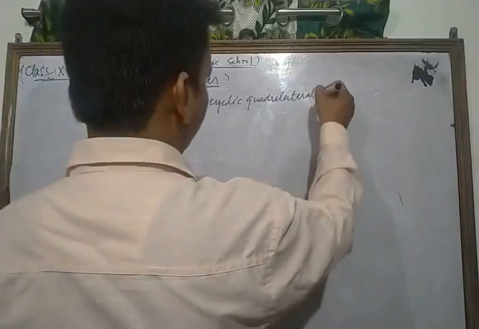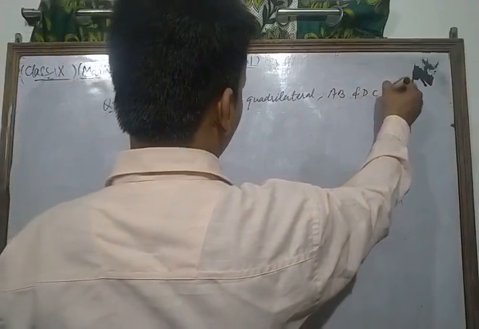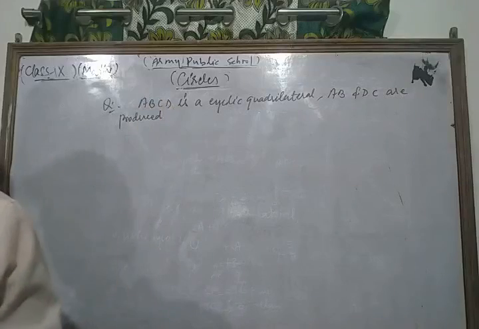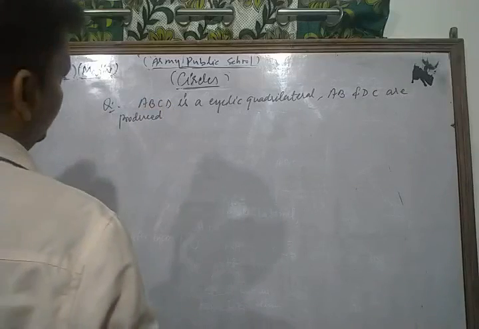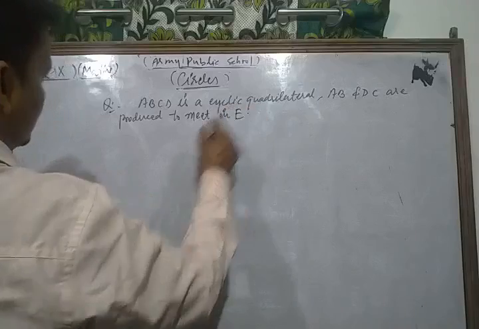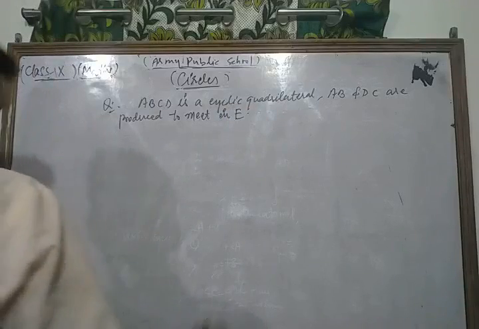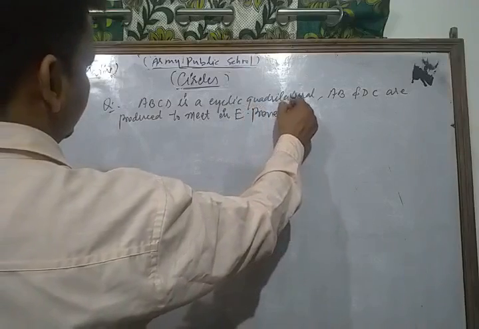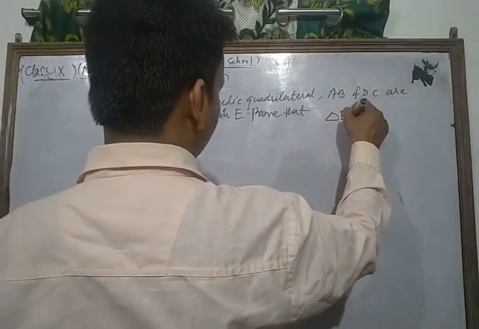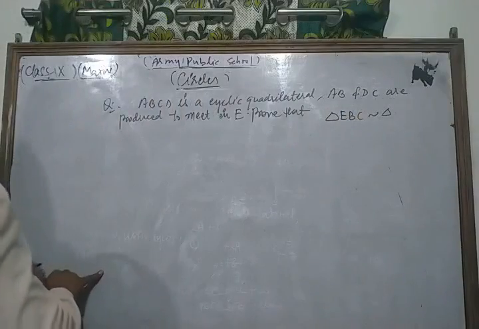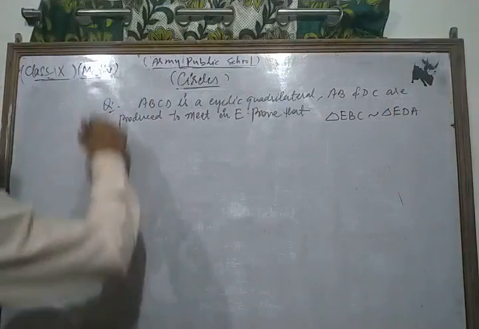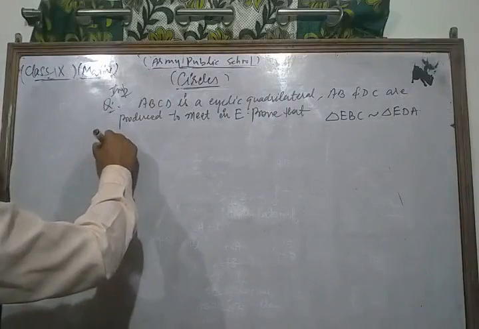AB and DC are produced to meet in E. Prove that triangle EBC is similar to triangle EDA. Okay, this is a very important question, dear students. Now let's see its solution.